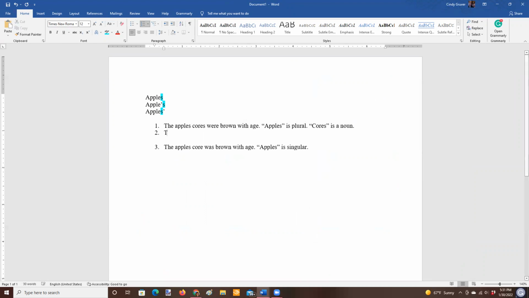So we're going to say the cores, apples were brown with age. And now between these 2 words that we flip-flopped, we're going to add the word of. The cores of apples were brown with age. I know the instructions are confusing, but this is all we're doing. We're flip-flopping these 2 words and then we're sticking of in the middle.